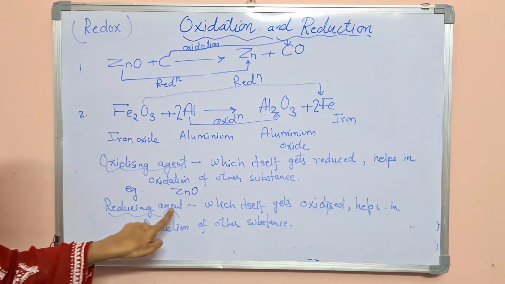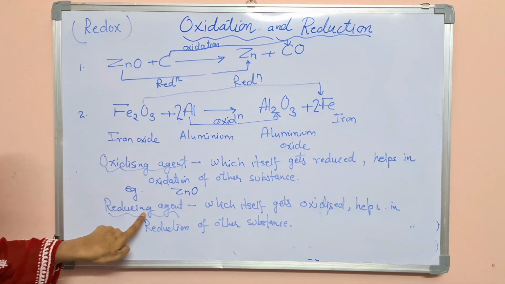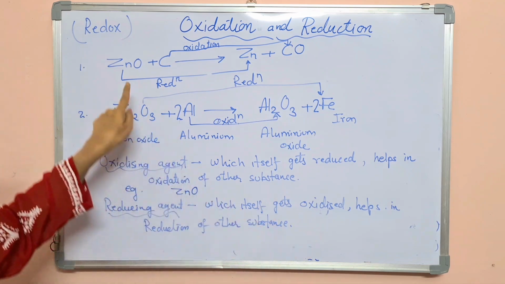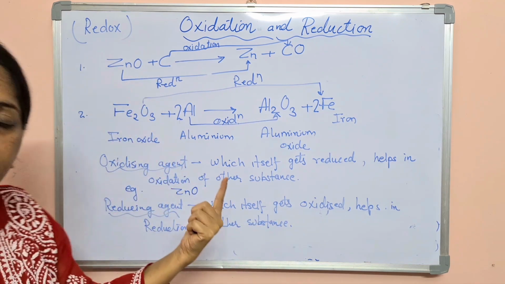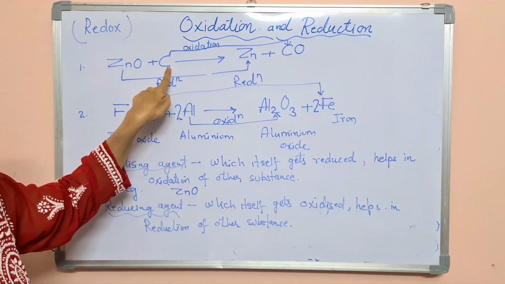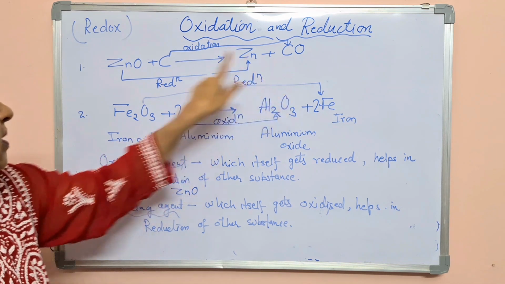Now let's see reducing agent. If you know this, then it will be easy for you to understand what is reducing agent. It itself gets oxidized. So here the oxidation of what? Oxidation of carbon takes place. So here the carbon is oxidized and converted into carbon monoxide.